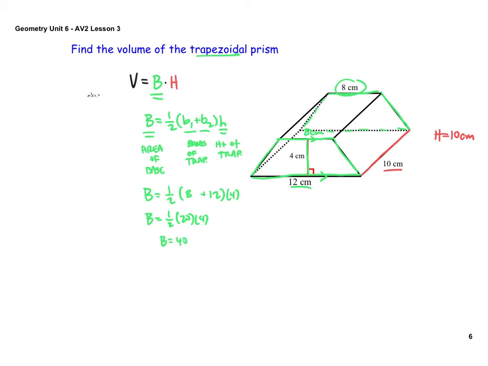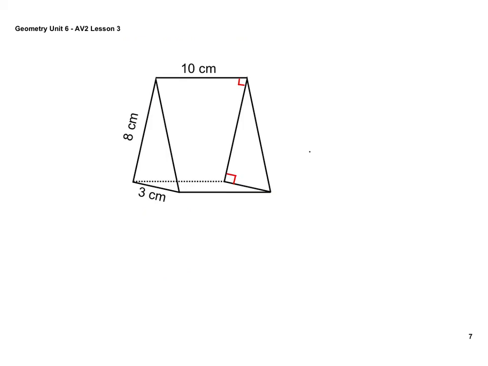Okay, so I've got my height, which was 10, and the area of the base, which is 40. I'm going to multiply them together, and I get a nice number of 400 centimeters cubed. All right, let's continue.